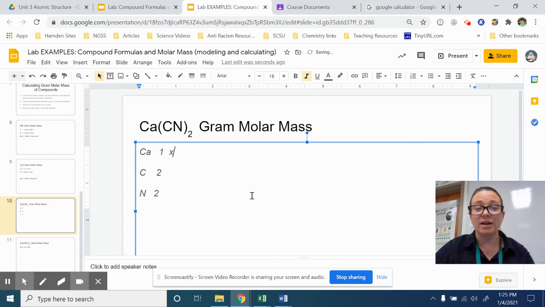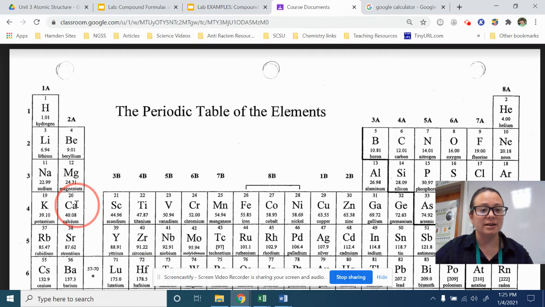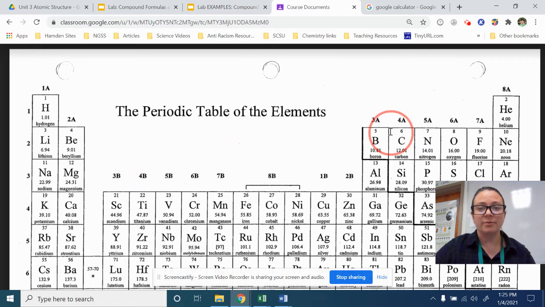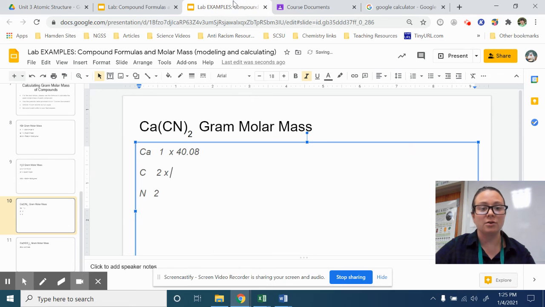Now that I've counted them, just like you were counting before, I multiply by their atomic masses in the periodic table. So first I have Ca. Ca is here, 40.08. So I multiply by 40.08. Next one, carbon. Carbon is 12.01.